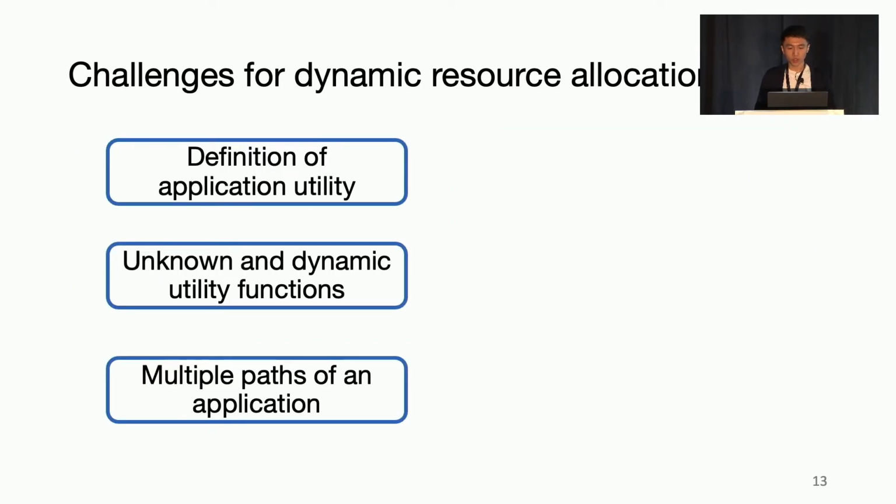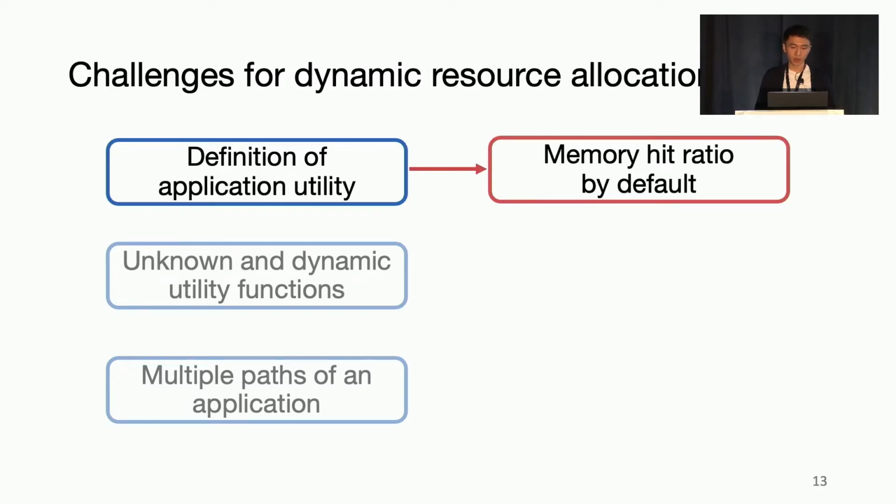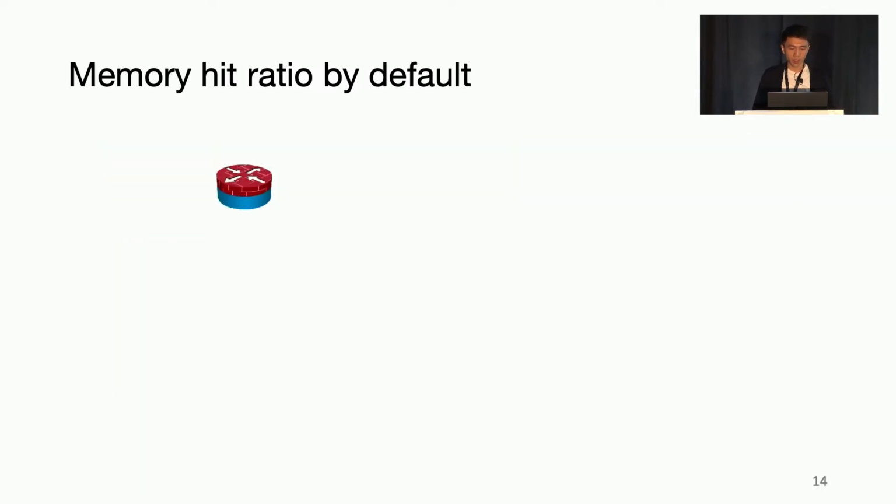There are three challenges for dynamic resource allocation between elastic applications. The first challenge is how to find a proper definition of application utility. NetVRM uses memory hit ratio as a default utility. The memory hit ratio is the ratio of packets directly processed by the register memory in the switch.